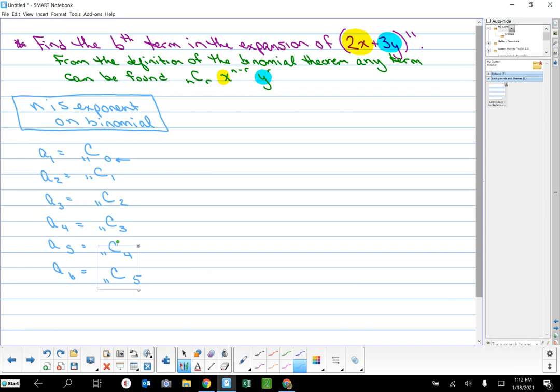Now, we want the sixth term, right? Here's the note that needed some highlighting.